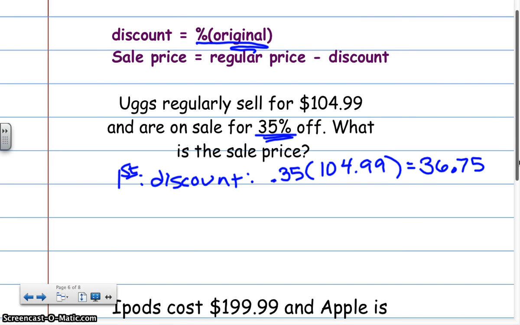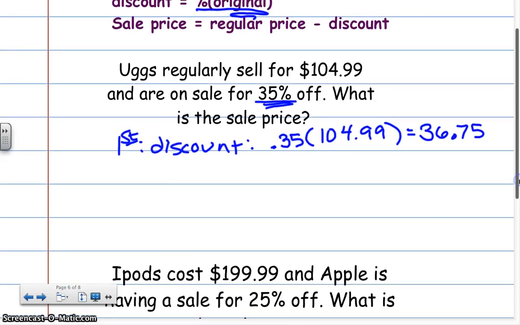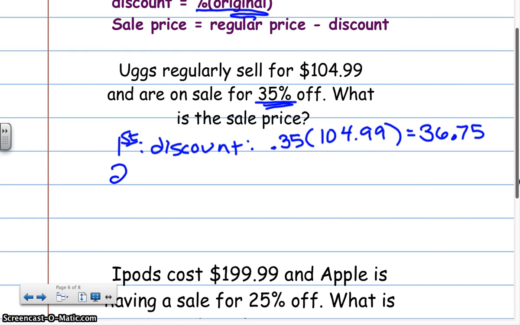That's my discount. Now in markup we added it. Discount is a sale. So if you have a sale, you pay less. So the second thing, my sale price is going to be my $104.99, what they're listed, take away my discount, $36.75.